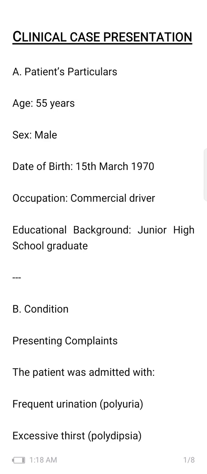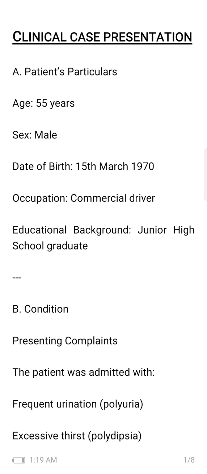The next thing is the condition. So we are done writing the patient particulars, so we are coming to deal with the condition. For the condition, we have to present the patient complaints. So the patient was admitted with frequent urination.